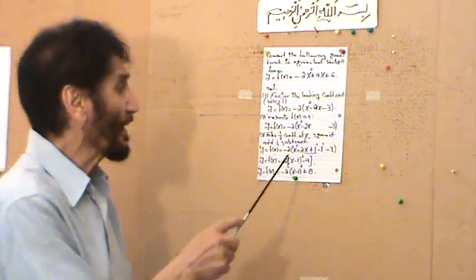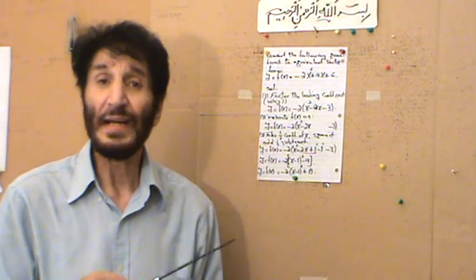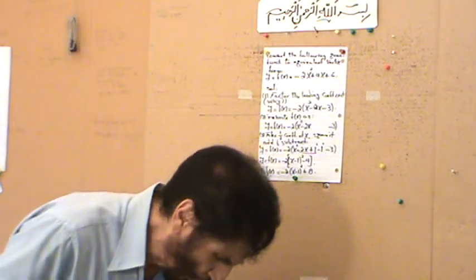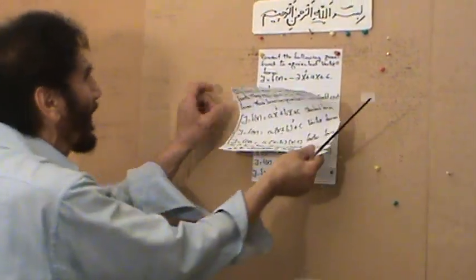Okay, now what is the benefit of this? Let me go to the general form of it again, and I put it back. Okay, let's see what is the benefit of that.